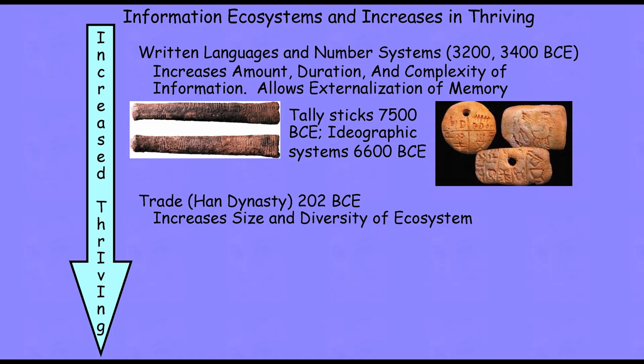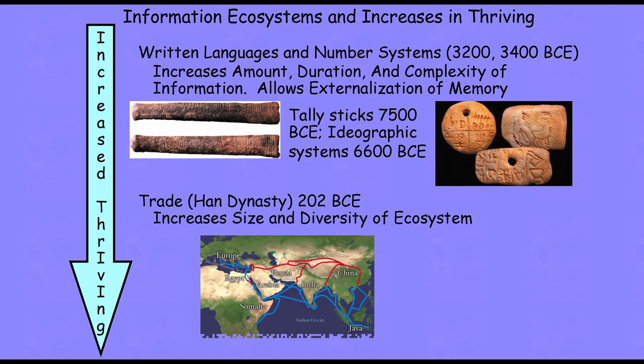And so when we see the increase in trade, and this is a picture of the Silk Road, which was a trading system, both nautical and land-based, this is about circa 202 BCE, right? But we start to see increasing trade much earlier even than that.